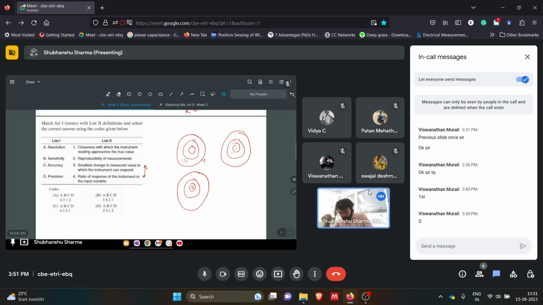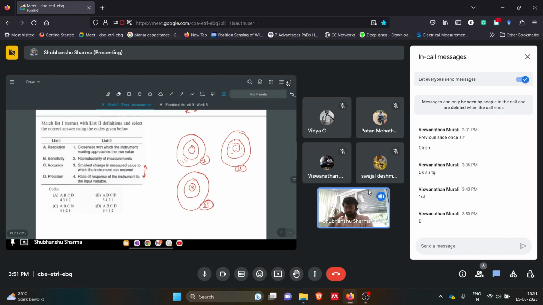So case 1, 2, 3. So precision is like how repeatedly your values are coming, how again and again you can reproduce them.